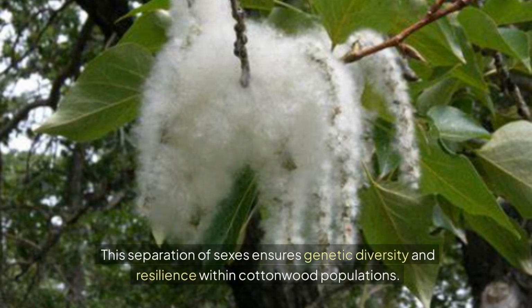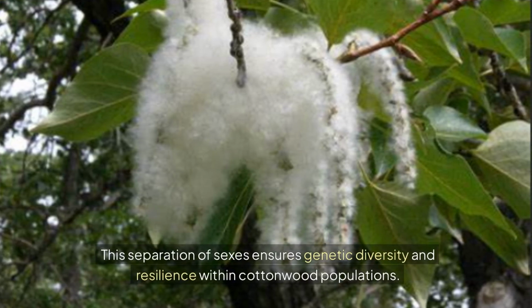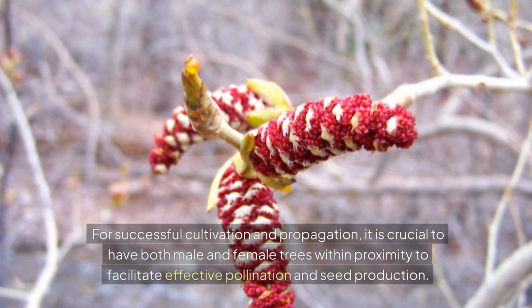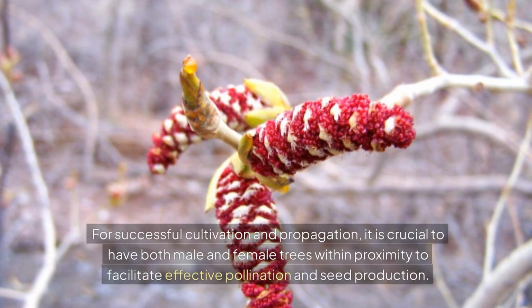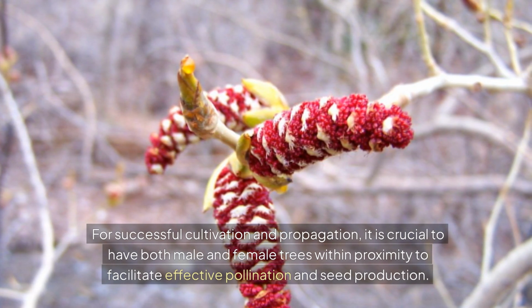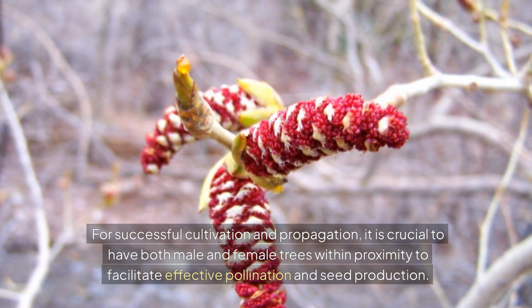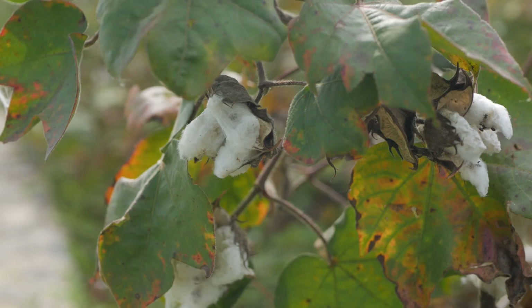This separation of sexes ensures genetic diversity and resilience within cottonwood populations. For successful cultivation and propagation, it is crucial to have both male and female trees within proximity to facilitate effective pollination and seed production.